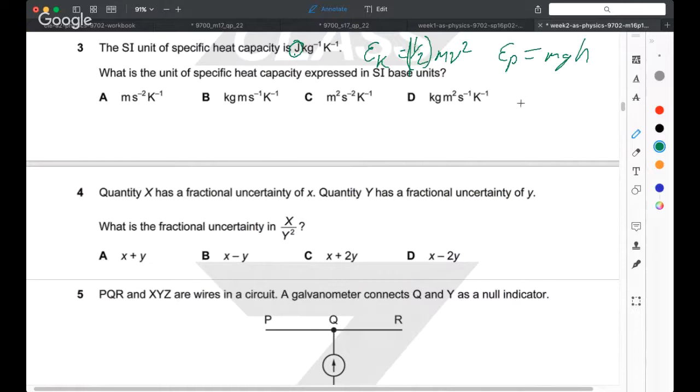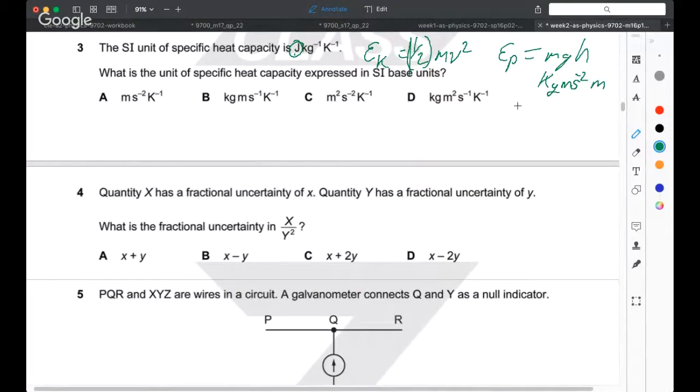Well, anyways, any unit of energy, so we can use both. So mass is in kilograms. The gravity is an acceleration. How do you calculate acceleration? It's meters per second squared, so m s to the minus 2. And h is meters.